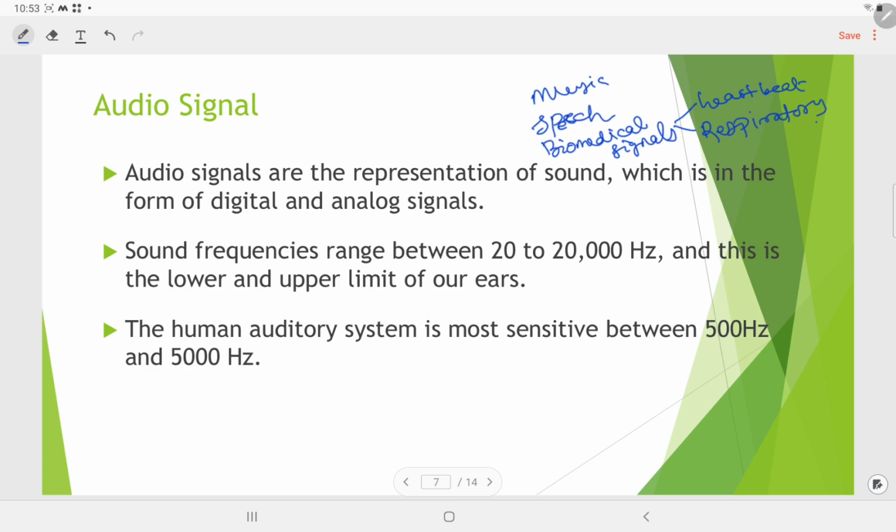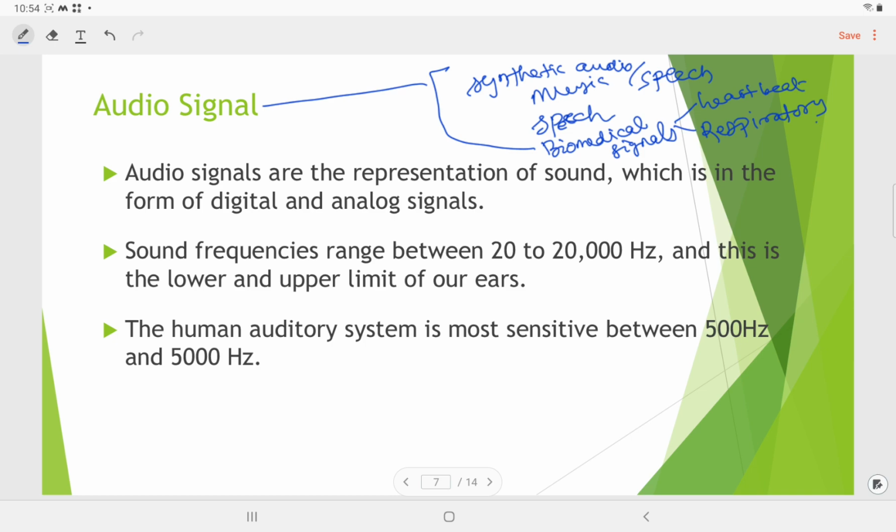There are many more. There is one more aspect of audio signals, called synthetic audio or speech signals. All these come under audio signals. So, we can say audio signals are the representation of sound in the form of digital and analog signals.